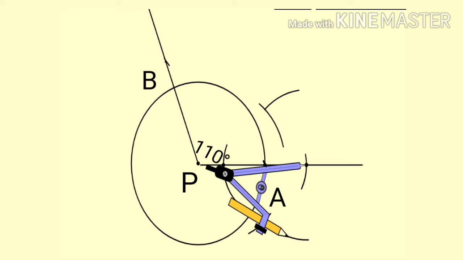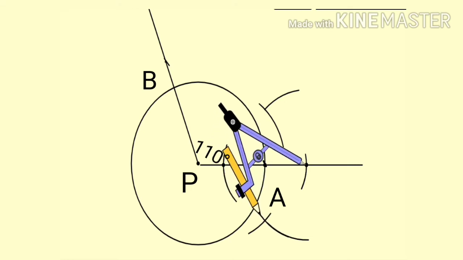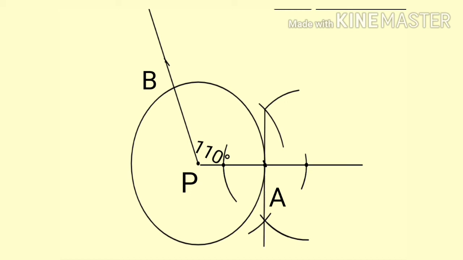Join the intersection of both the arcs. We will get the tangent of the circle through point A.